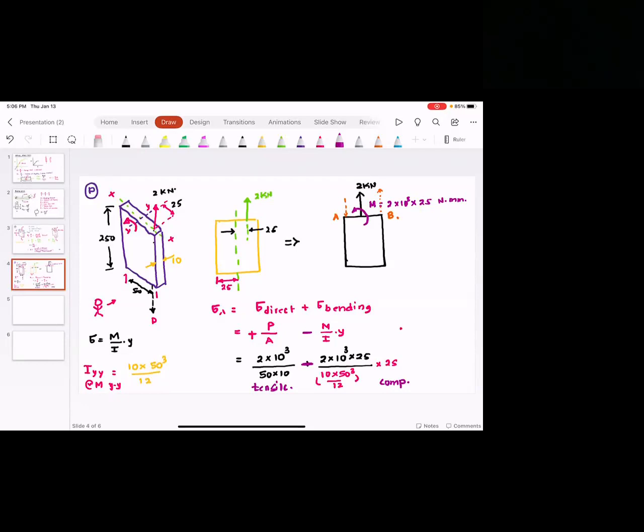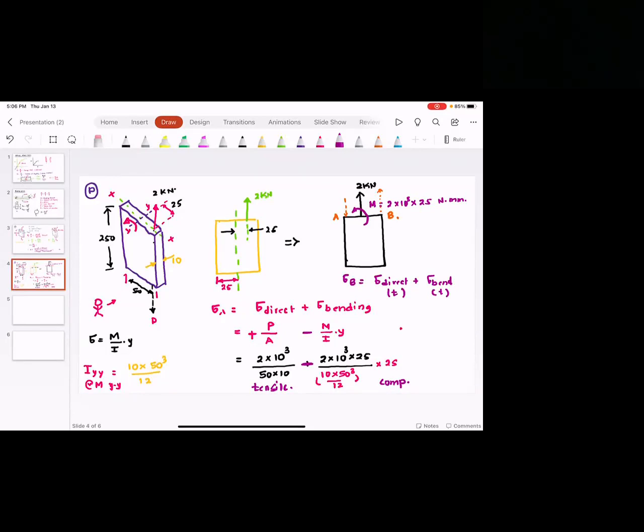Direct stress is tensile, so both of these stresses will get added. So at B, sigma B is sigma direct plus sigma bending, and this will be tensile, and this will be tensile. Everyone understood this?